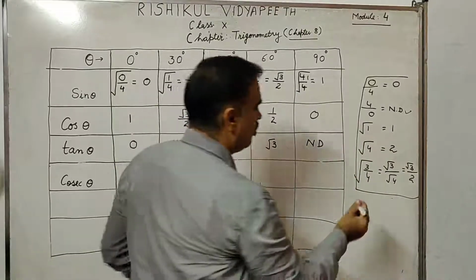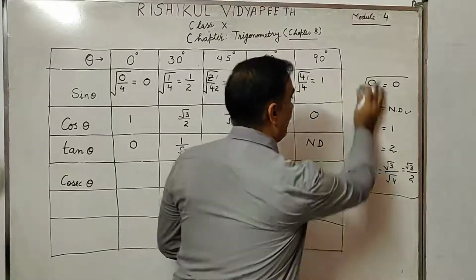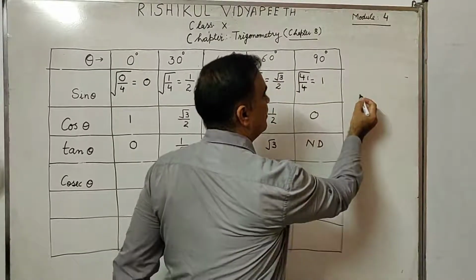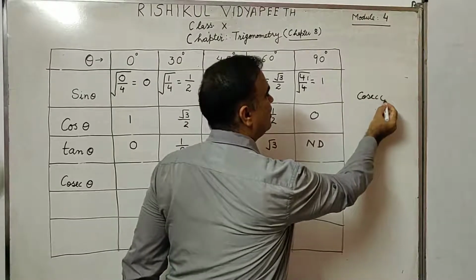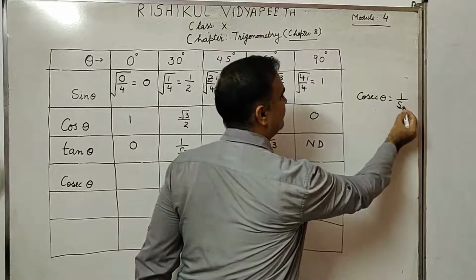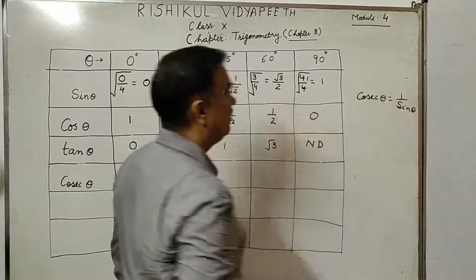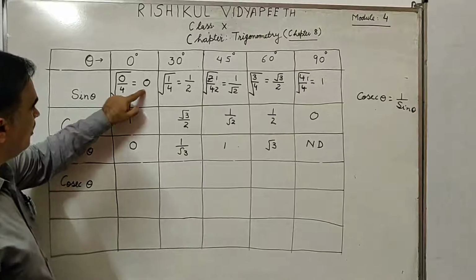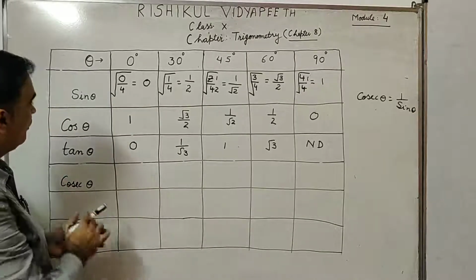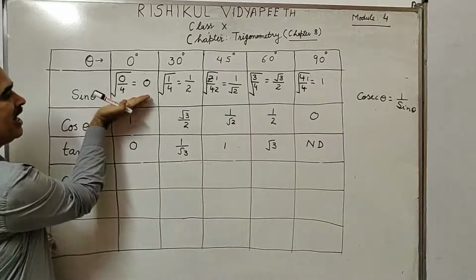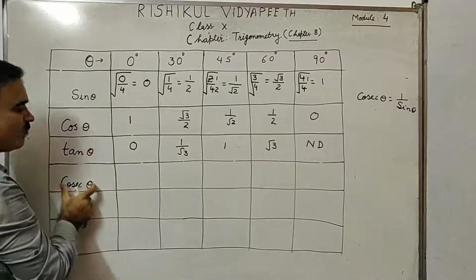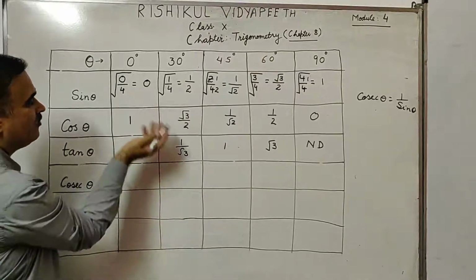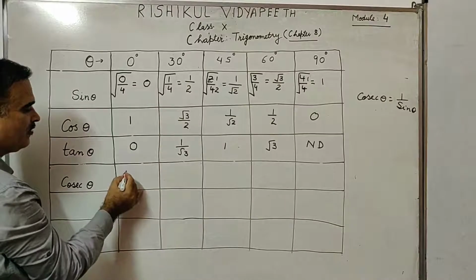You all know, this is very important, I told in the previous module, cosec theta equals 1 by sin theta. Means cosec theta is the inverse of sin theta. If we reverse this sin theta, we get the values of cosec theta. This is 0 divided by 1. And I told you 1 divided by 0, if we reverse it, is not defined.